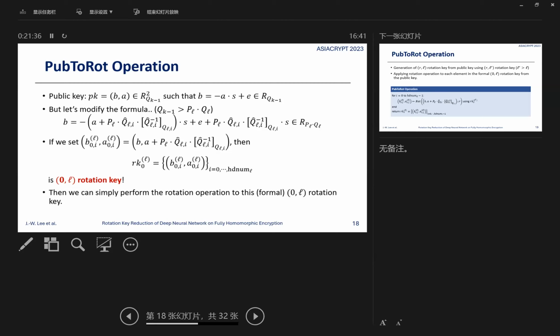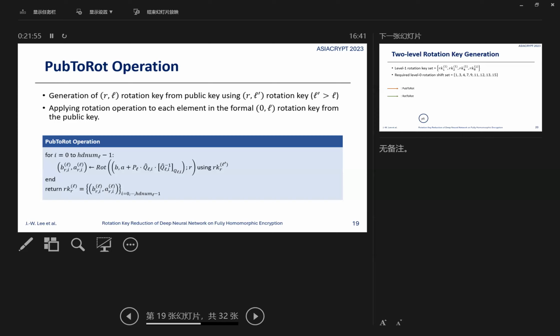Then if we perform the rotation operation on this formal 0L rotation key, we can generate the rotation key from this formal 0 rotation key.